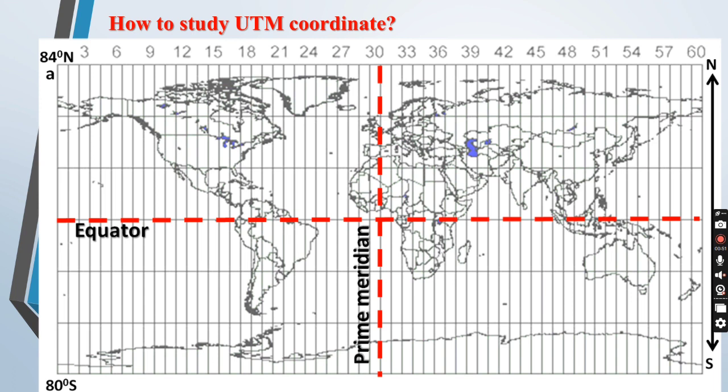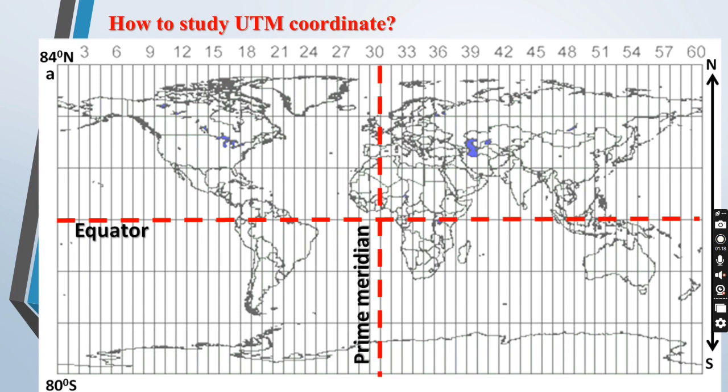Latitude means north-south. Lat-long, everything I have earlier discussed in my previous video. You can go to that video and understand briefly. I am not going to detail latitude and longitude. This much basics are expected from anybody interested in UTM.